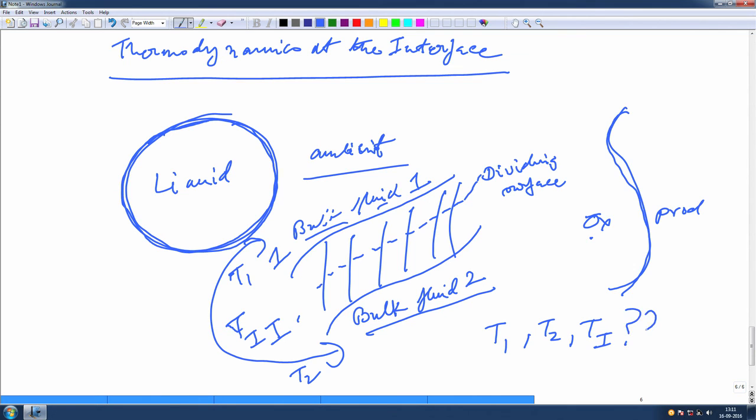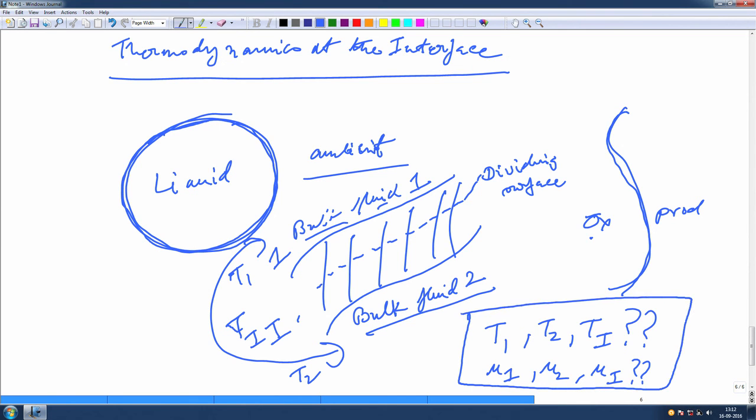Also, what about the chemical potential, that means mu 1, mu 2, mu I? We need to know how those chemical potentials actually vary. So, these are the interfacial phenomena. In the next class we are going to see how these interfaces can be described.